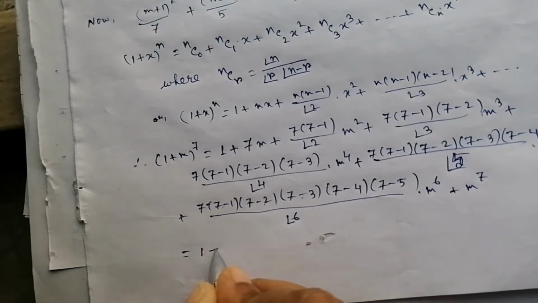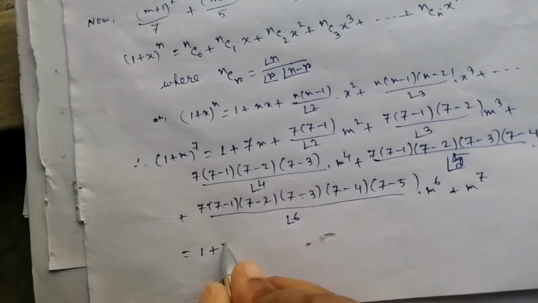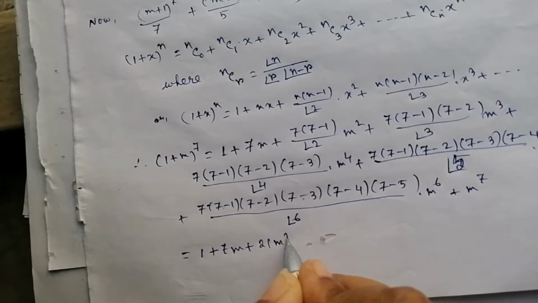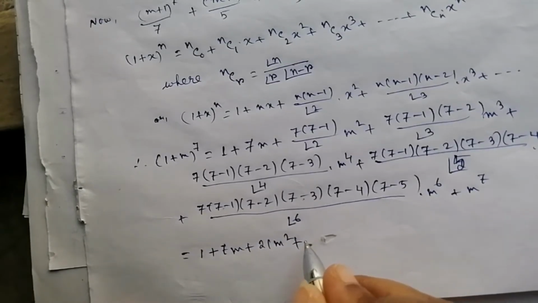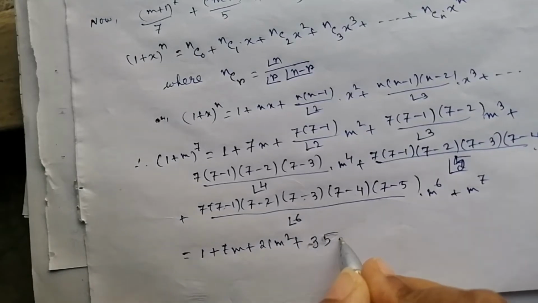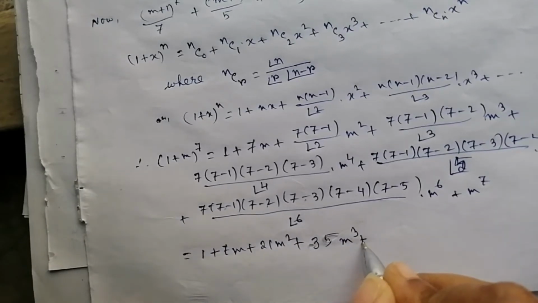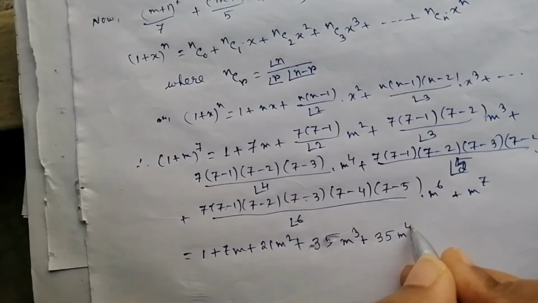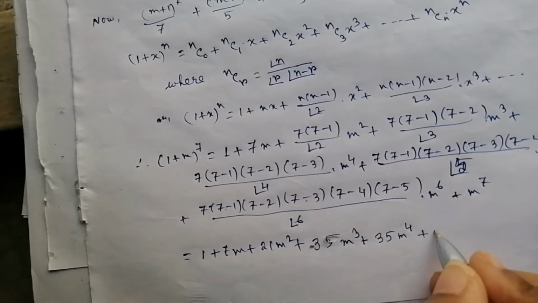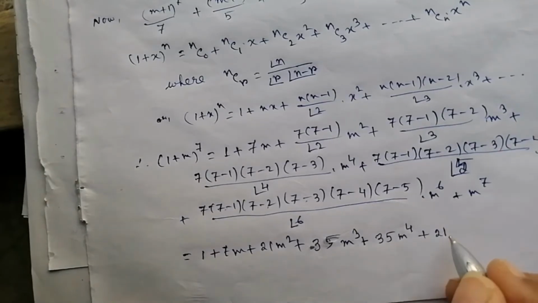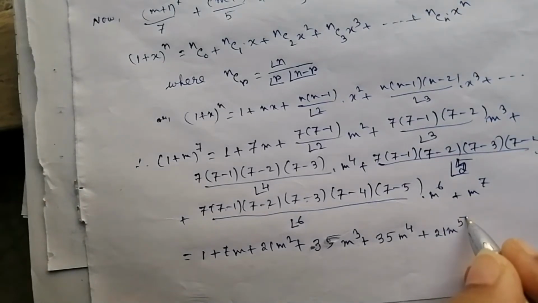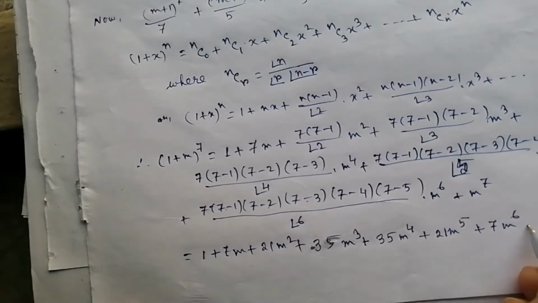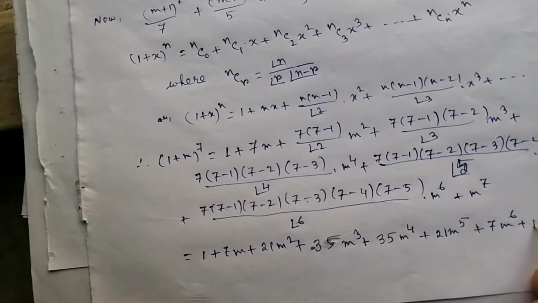This is equal to 1 plus 7m plus 21 m square plus 35 m cube plus 35 m to the power 4 plus 21 m to the power 5 plus 7 m to the power 6 plus m to the power 7.